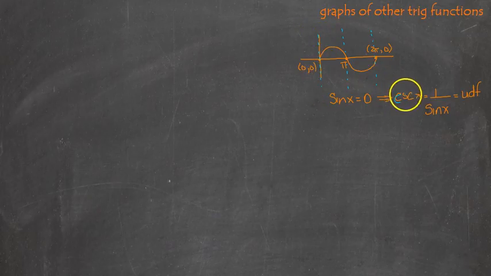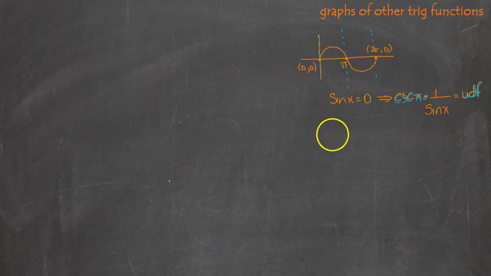So the cosecant of x is undefined at the same angles that sine x equals 0. So the cosecant of x is undefined at 0, pi, and 2 pi, and multiples of pi, in both directions.